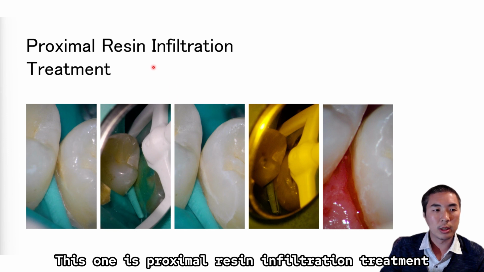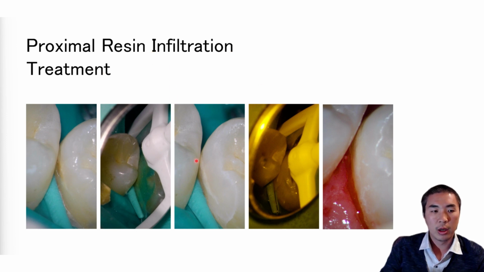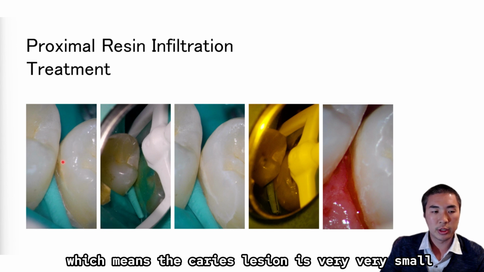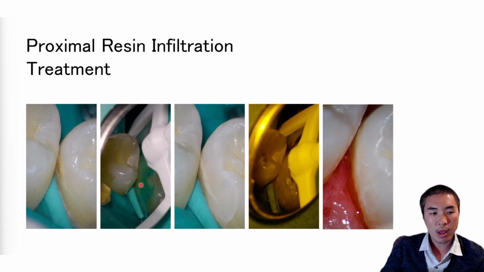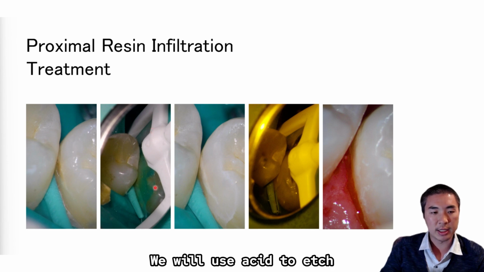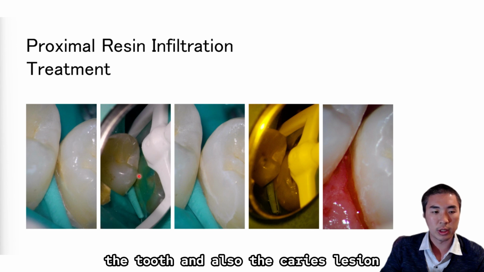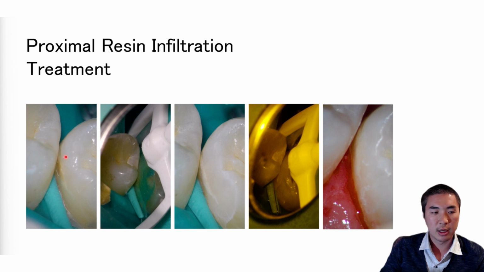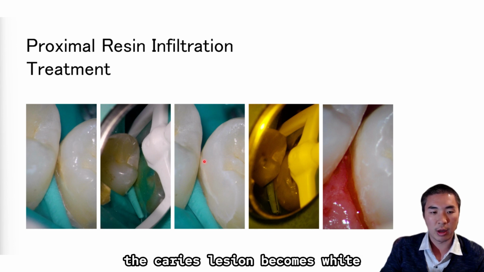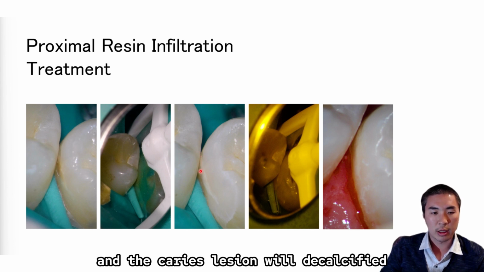And this one is proximal resin infiltration treatment, which means the caries lesion is very small, what we call a non-cavitated caries lesion. We use acid to etch the tooth and the caries lesion.